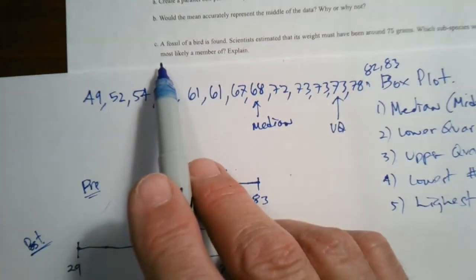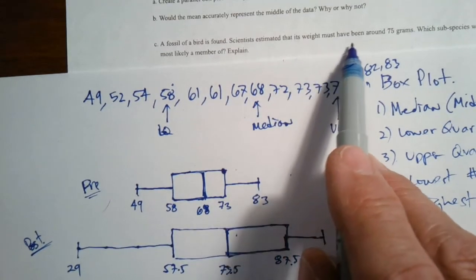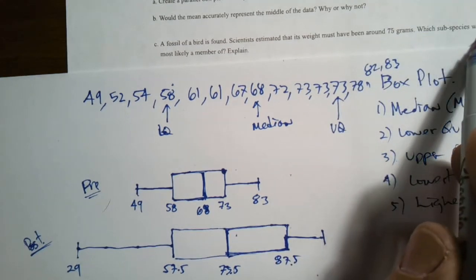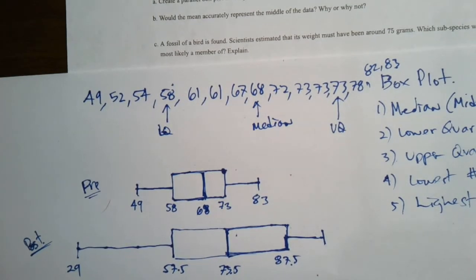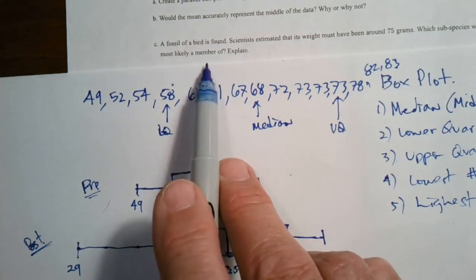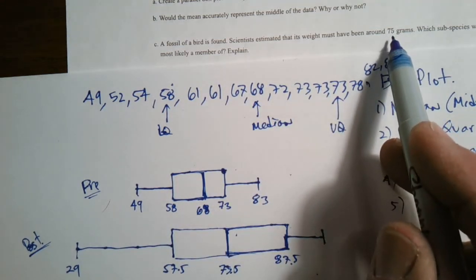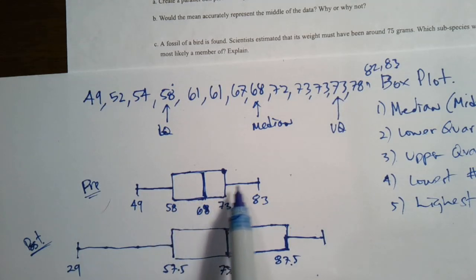And then C, a fossil of a bird is found. Scientists estimate that its weight must have been around 75 grams. So which subspecies was the bird most likely a member of? So where does that 75 fall most likely? So if we look, remember up here, 75 is going to fall in here, and it could be there, but that's the least likely because it's going to be the top of the data.